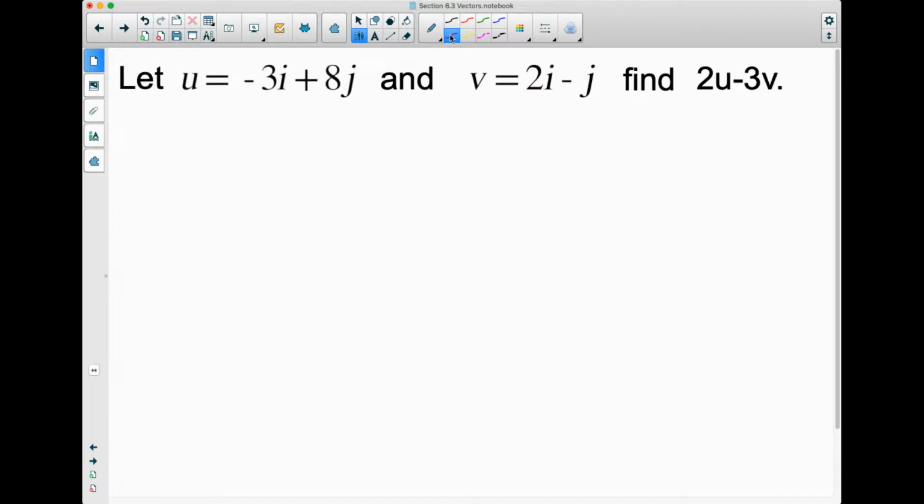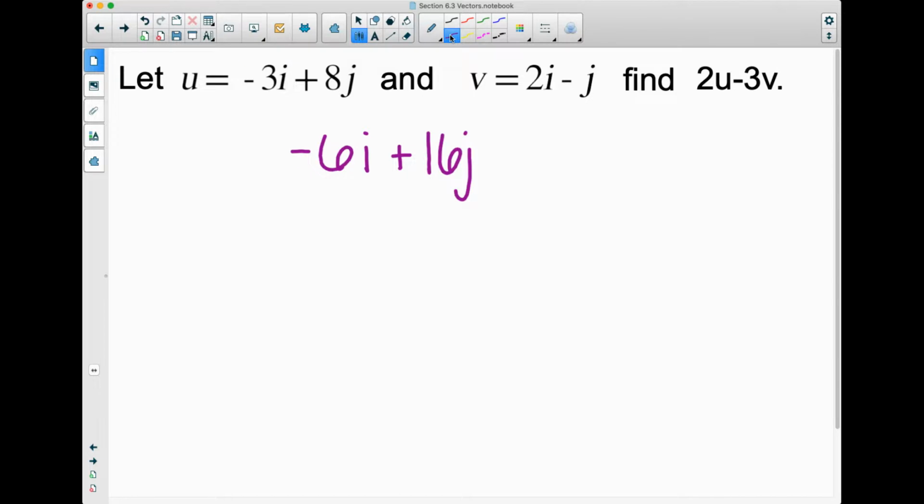All right, so you can also do operations with these. They are as easy as they look. I'm going to take 2 times my linear combination. We're going to multiply 2 times u, so we'll get -6i plus 16j.